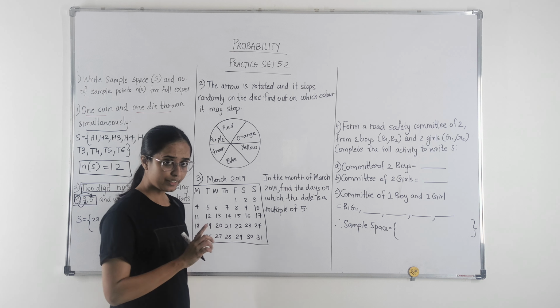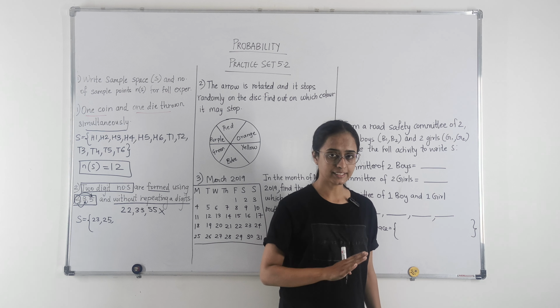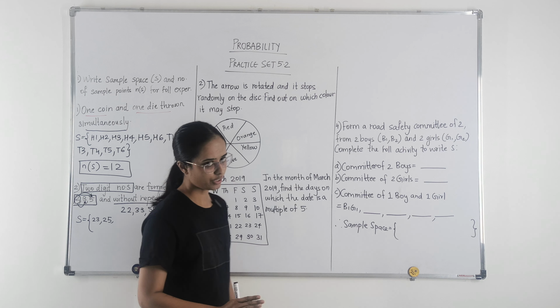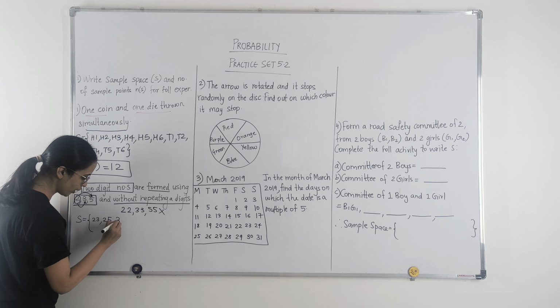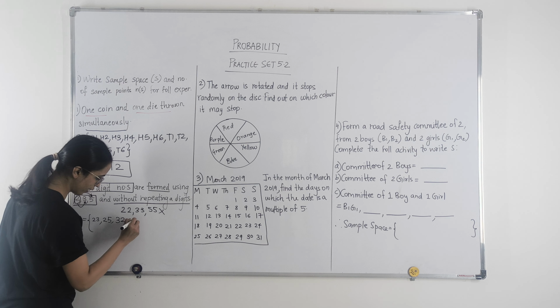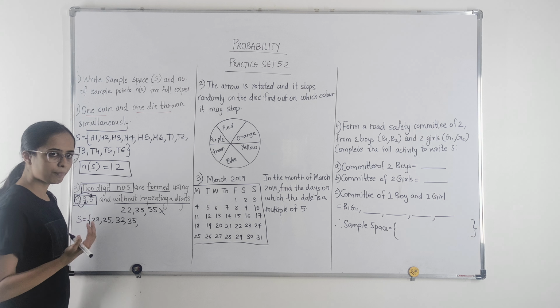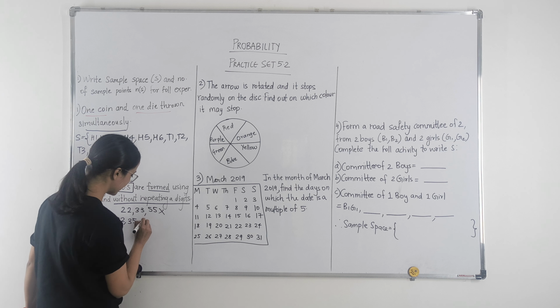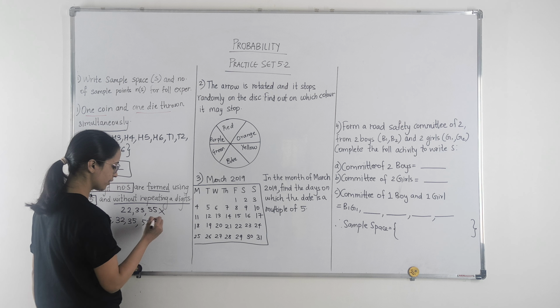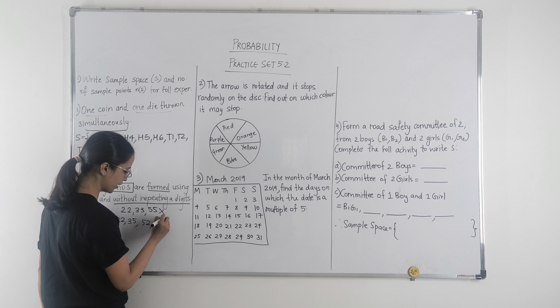I'm not going to pair 3 with itself because repetition of digits is not allowed. Now I will be pairing 3 with the remaining 2 numbers. So I'll get 32 and 35. You're supposed to find all possible outcomes. So which is the last number left? 5. I'll be fixing 5 and writing 5 with the remaining 2 numbers: 52 and 53.